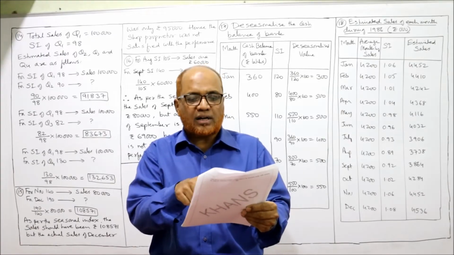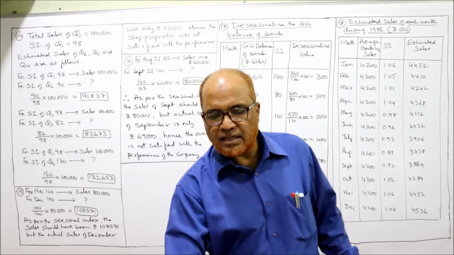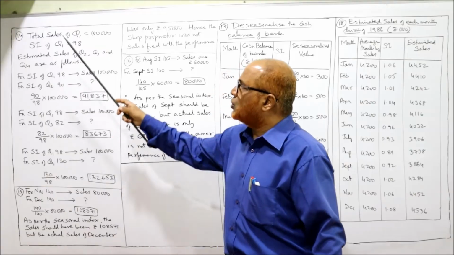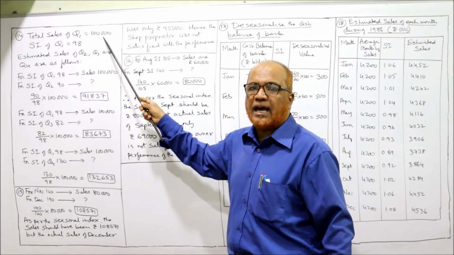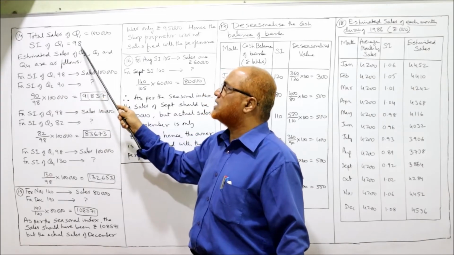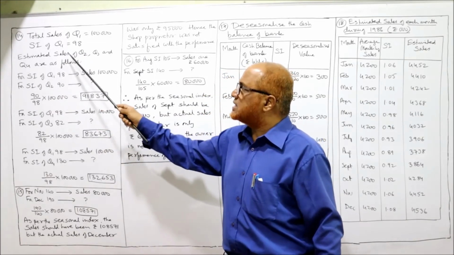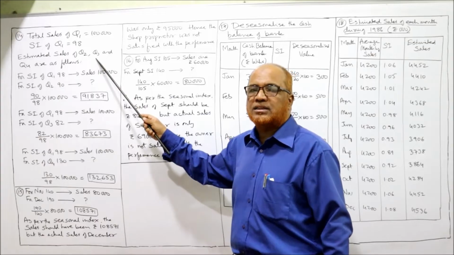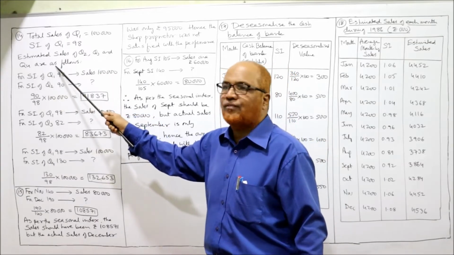The first quarter, what is the index number given? 98. See here, total sales of the first quarter 1 lakh, and seasonal index of the first quarter is 98. So estimated sales for second quarter, third quarter, fourth quarter we have to find out.